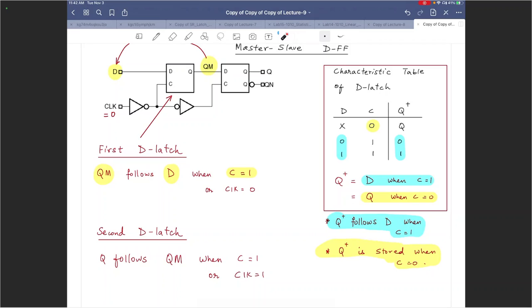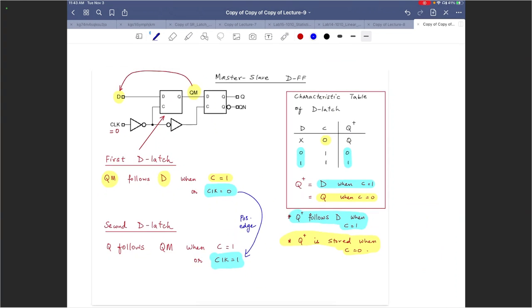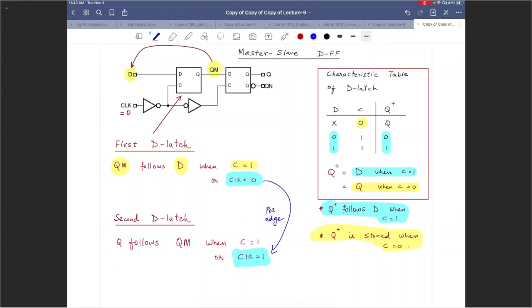So by connecting them back to back, we have made the overall design sensitive to the positive edge of the clock, when the clock is going from 0 to 1. You guys see that? So this is how we design a positive edge triggered data flip-flop.